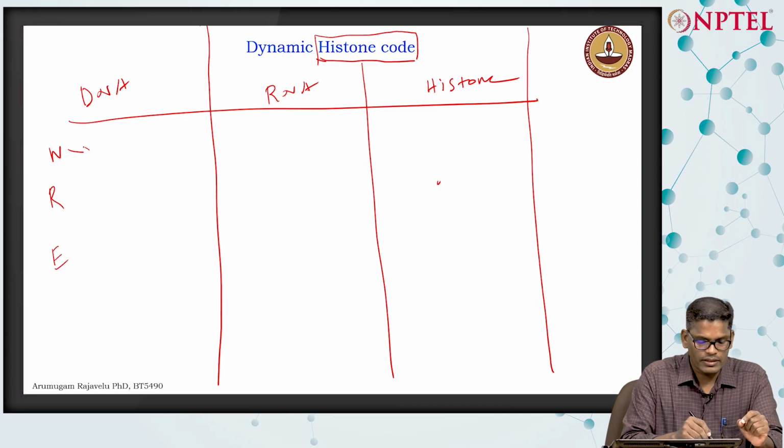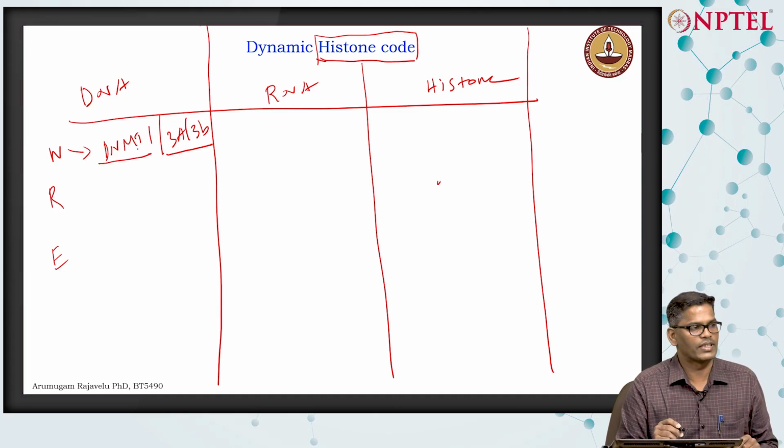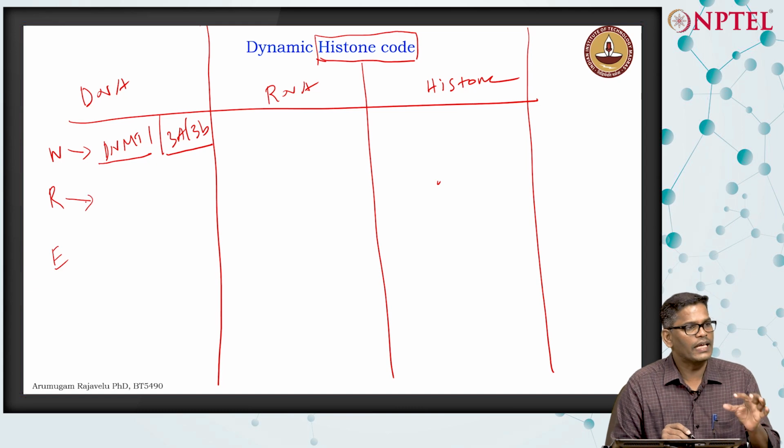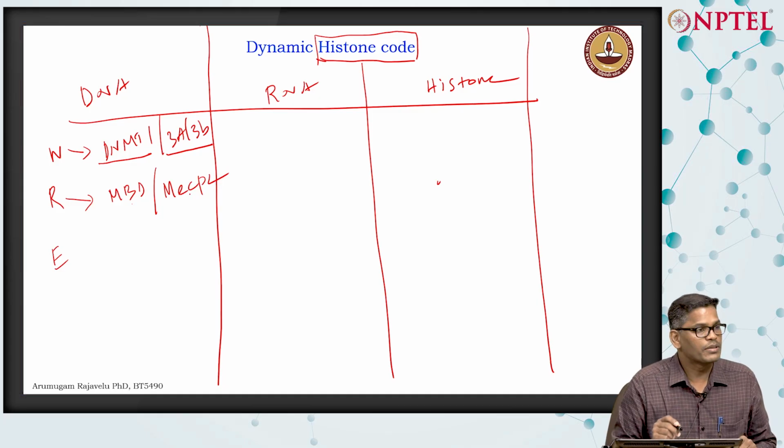Writers are DNMT1, 3A, and 3B. 3A and 3B are de novo enzymes, and DNMT1 is the maintenance DNA methyltransferase. Reader proteins for DNA epigenetic modifications are MBD and MeCP2, so methyl binding domain proteins, MeCP2.